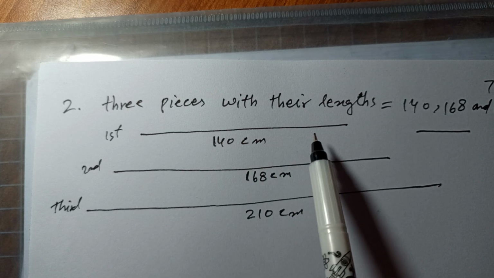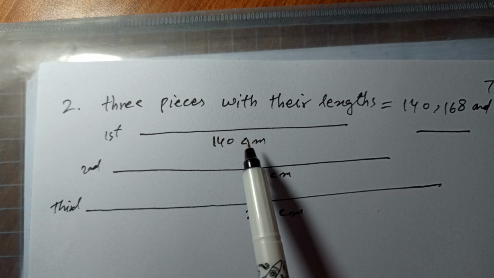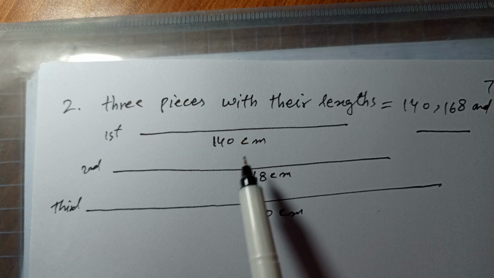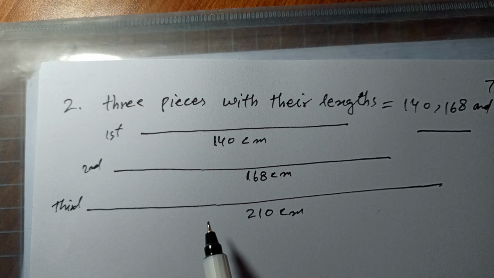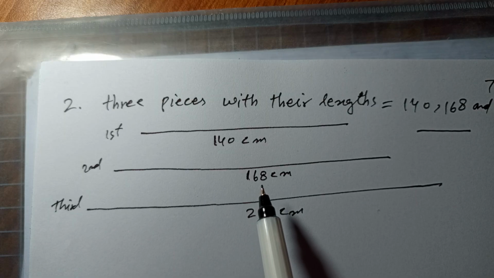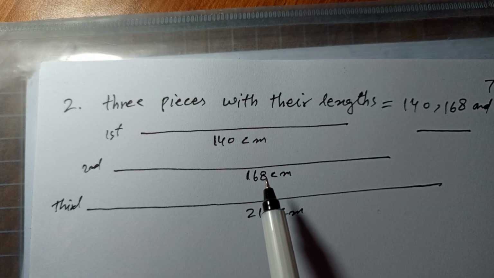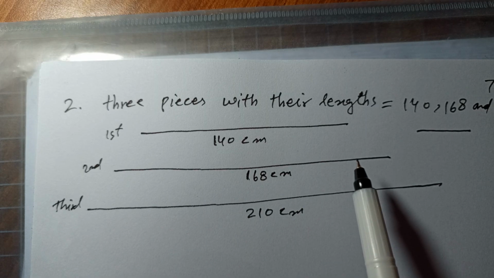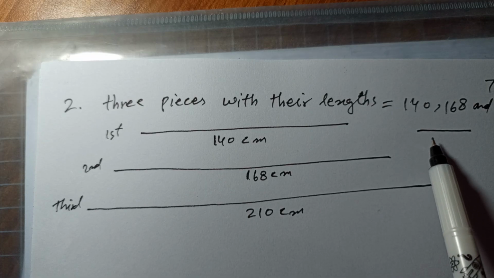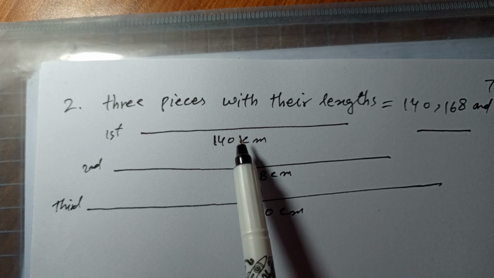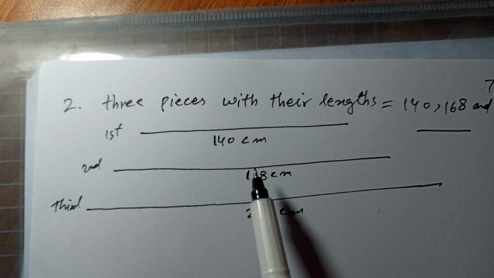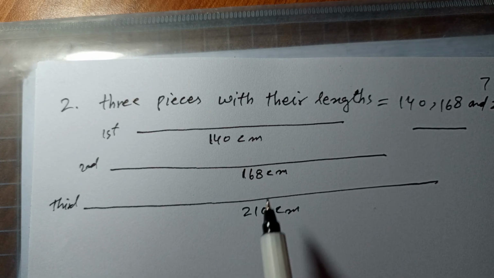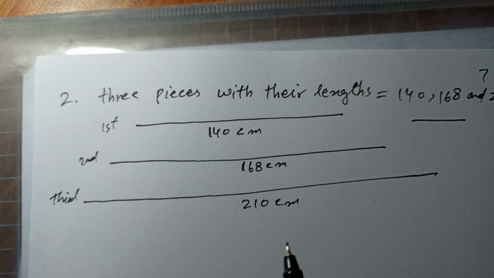From this one he can cut some number of smaller pieces, and from this one he will get a lot of pieces, and we will count these pieces also. Now we want such pieces to be of the same length.